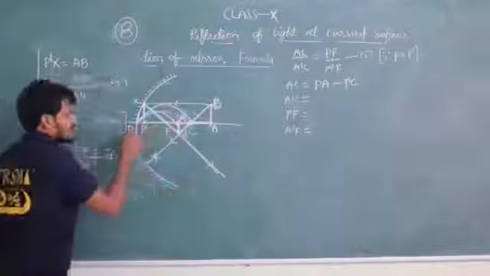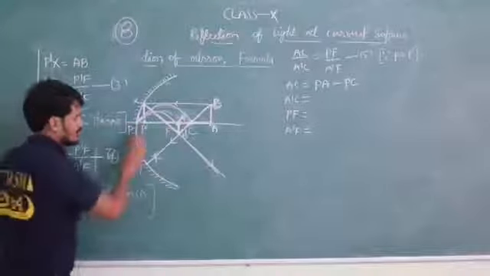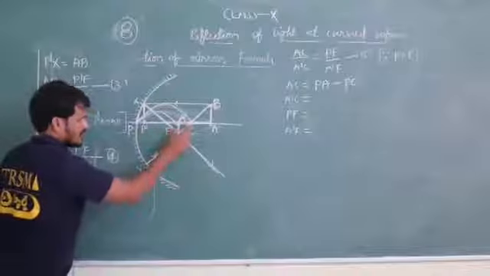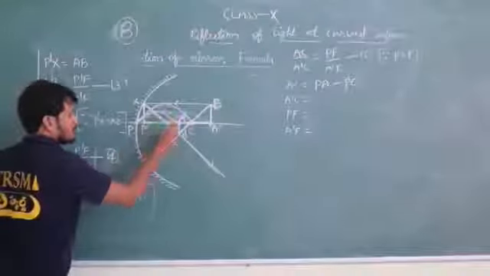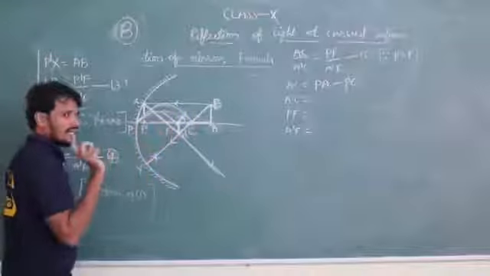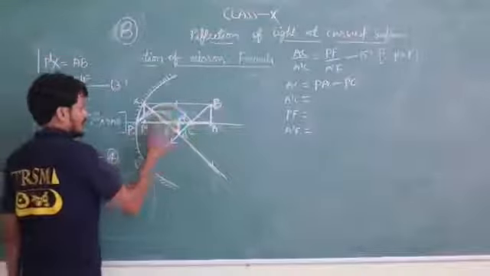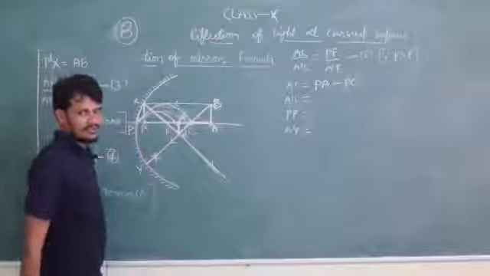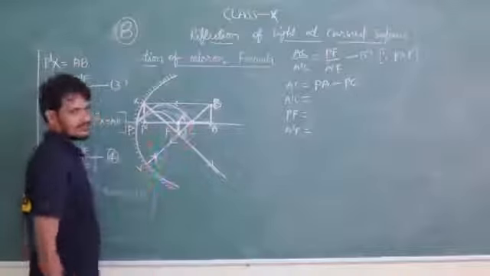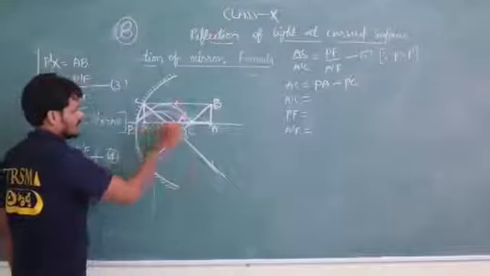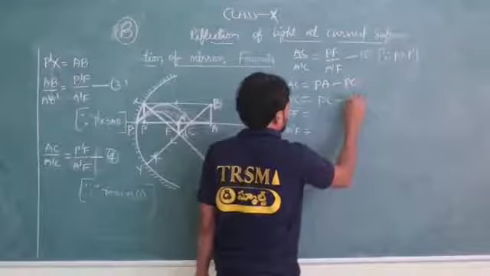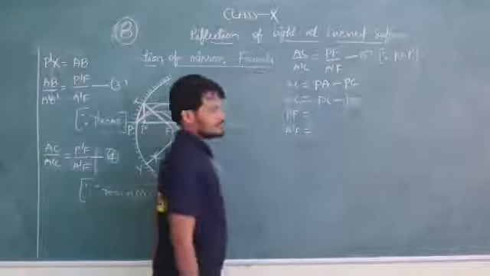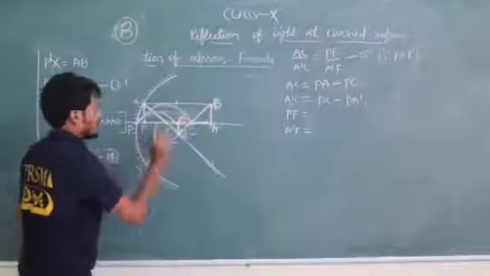From PC we will subtract PA dash. Then we will get A dash C. Got it? From PC, PA dash is going to be subtracted. So PC minus PA dash.